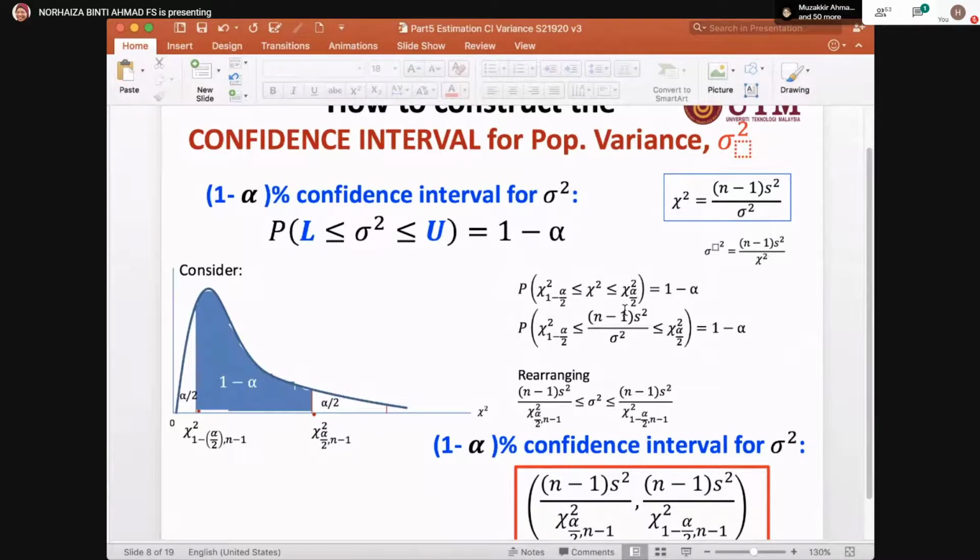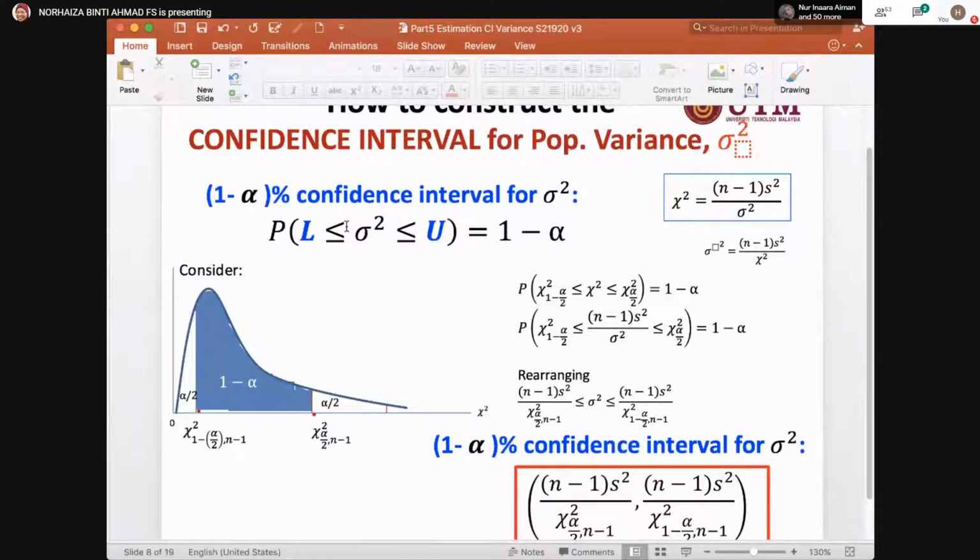Can you see my slides? So now, this is the definition of chi-squared. Chi-squared is n minus 1 s squared over sigma squared. So this probability here is equal to this, right? The probability of chi-squared from this point to that point is 1 minus alpha.